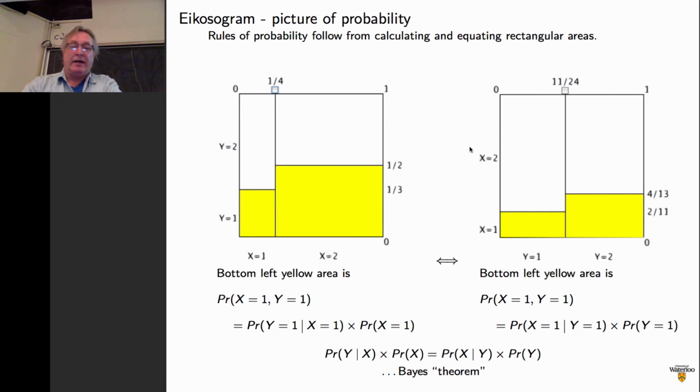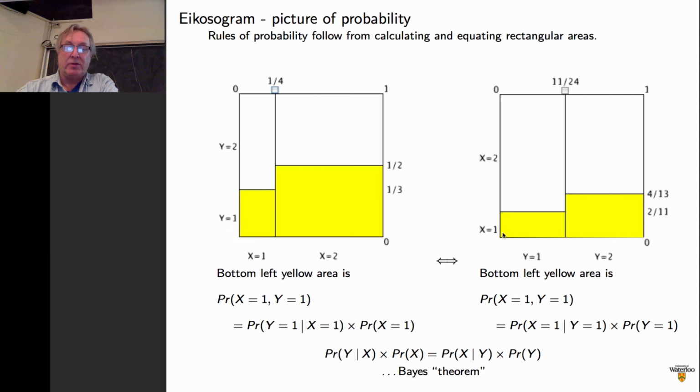So all you have to know is, if I'm going to calculate what is this, I need to know the width. That means I need to know the probability that y equals 1. Well, y equals 1 is, over here, that height times that width plus that height times that width. Right? That's the probability y equals 1.